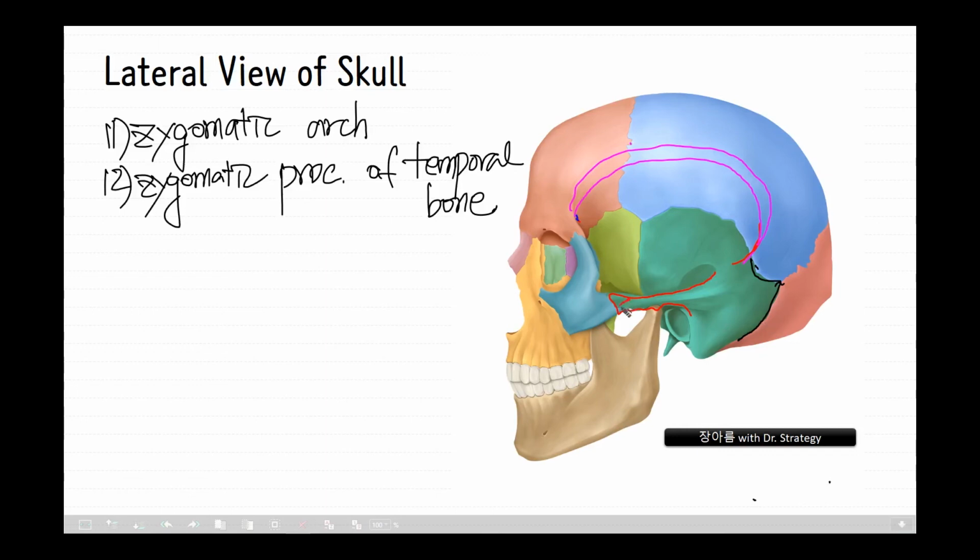The anterior root, this is the anterior root, is directed inward in front of the mandibular fossa, where it expands to form an articular tubercle here, and the posterior root runs backward above the external acoustic meatus, and it continues with the supramastoid crest here. The upper border of the arch gives attachment to the temporal fascia. The lower border of the medial surface gives origin to the masseter muscle, one of the most important masticatory muscles.